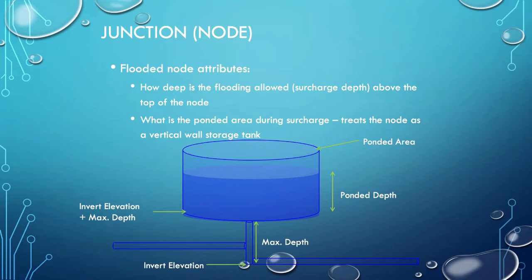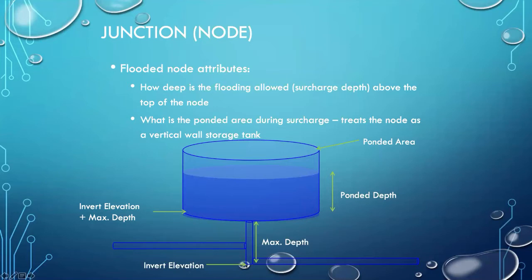So when the hydraulics requires that the water be stored at that node, if the storage property is turned on, it computationally pretends there's this tank here, and the tank has a starting value at max depth, and then we give it a ponded area and a ponded depth, and it will store water as much or as little as it needs to meet the continuity requirements.